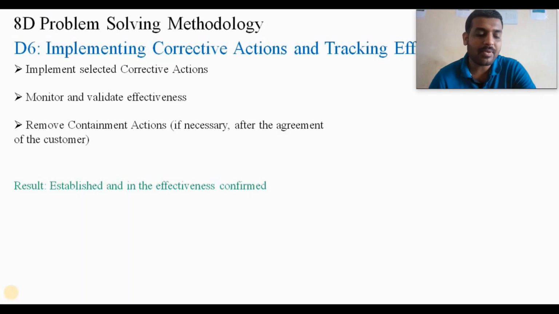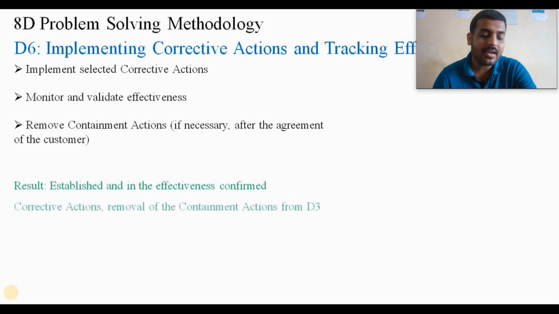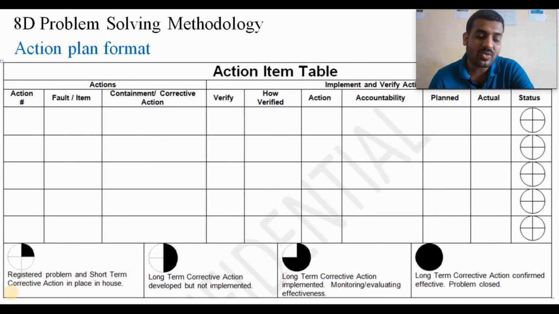Now we will see the action plan format for this implementation of actions. This is a sample action plan format. Here you write the number of actions, 1, 2, 3, 4, whatever you have identified. Then you write what the cause or defect was, what containment action you have taken, how you verified the root cause, and who verified it.